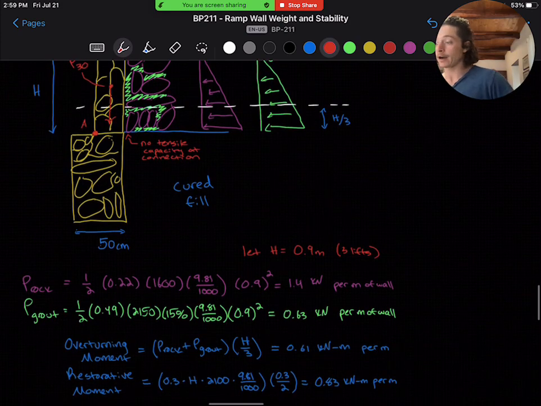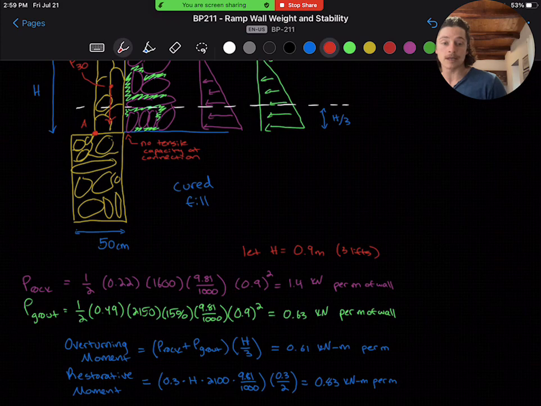And we can calculate our overturning moment and our restorative moment. Our overturning moment is just going to be the rock and grout forces multiplied by h over 3, because they're a triangular distribution. Like we discussed in previous lectures, their resultant is going to be at 1/3 height from the bottom of the triangle.